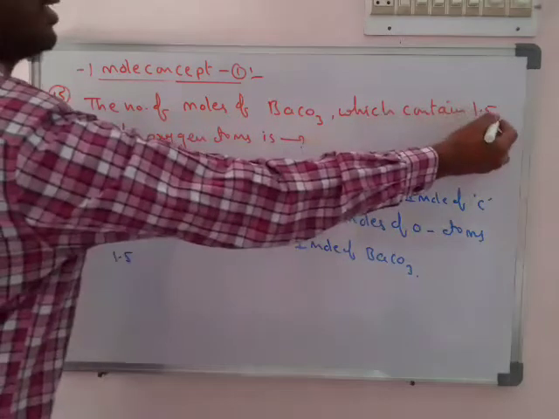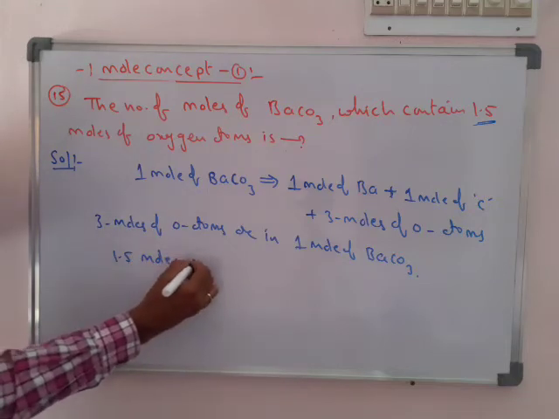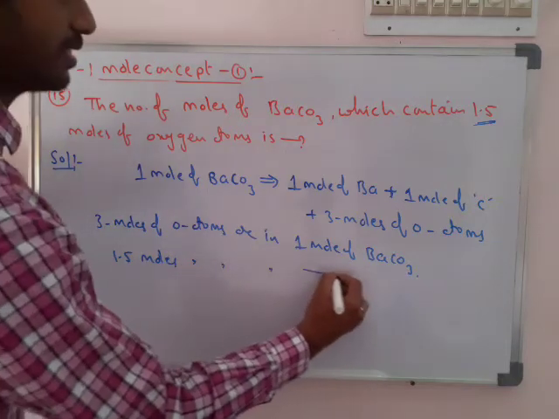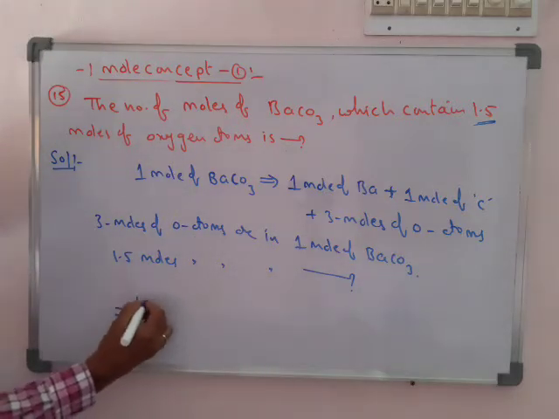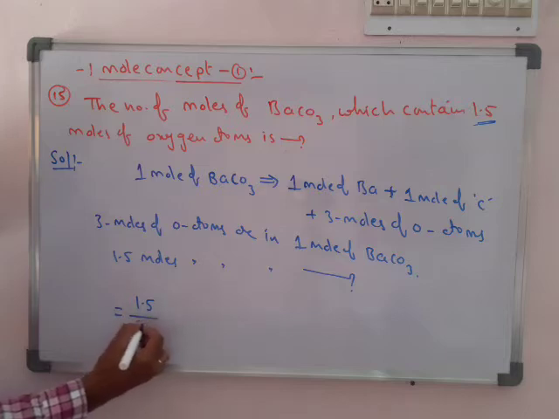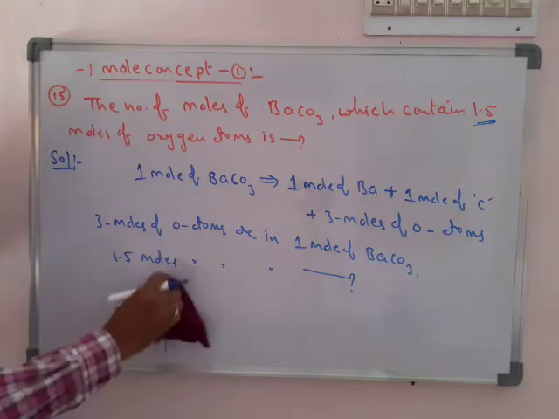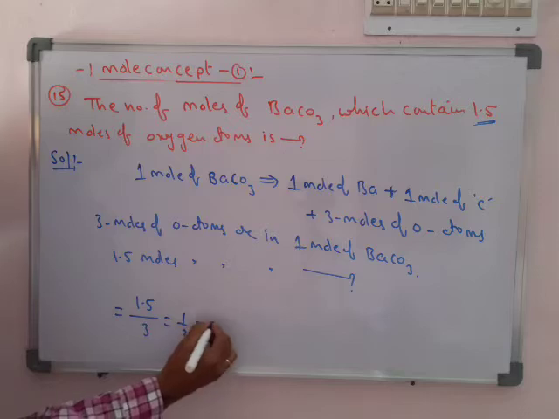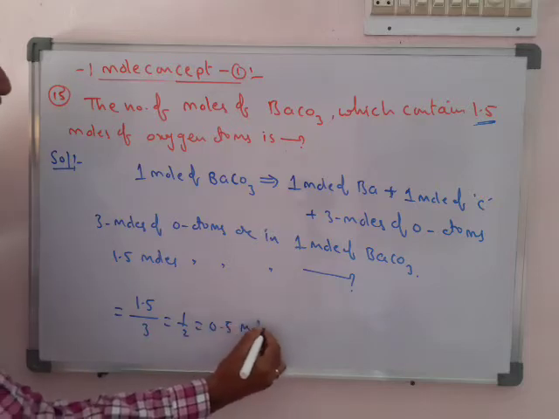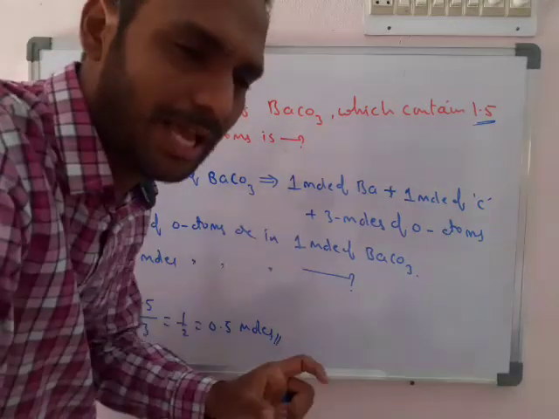In the question it is given 1.5. 1.5 moles of oxygen atoms are present in how many moles of barium carbonate? So 1.5 by 3 is exactly 1 by 2, that is equal to 0.5 moles. Okay, it is the general process, the actual procedure.